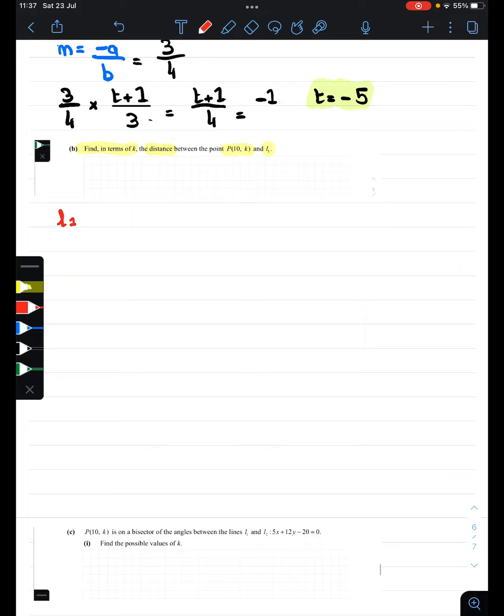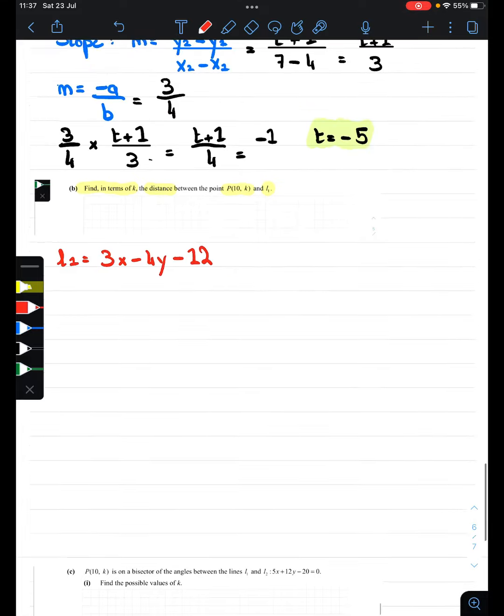L1 equals 3x - 4y - 12 = 0, and our point equals (10, k). Always good to write down this information, refresh it, get it on the page, get those attempt marks.